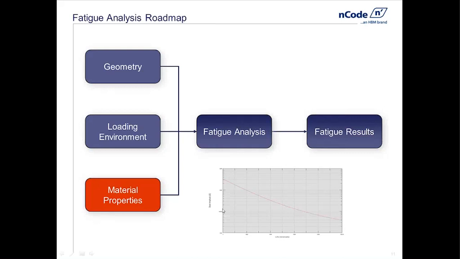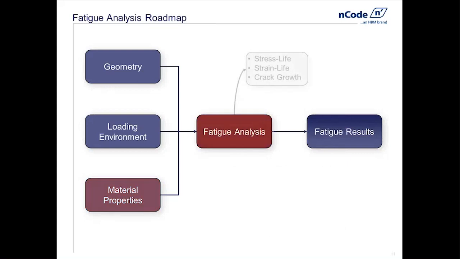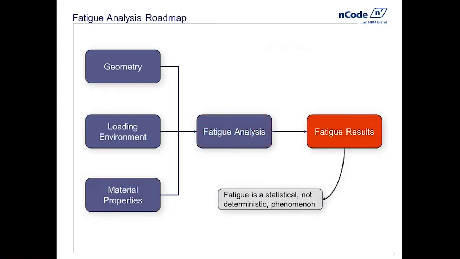We can pull all those inputs together into a fatigue analysis. We'll talk today about three methods: stress-life method, strain-life method, and the crack growth method. And those methods with those inputs will give us fatigue results. How many cycles to failure, how many hours to failure, and so on. We have to keep in mind, though, that fatigue is a statistical phenomenon. It's not deterministic.